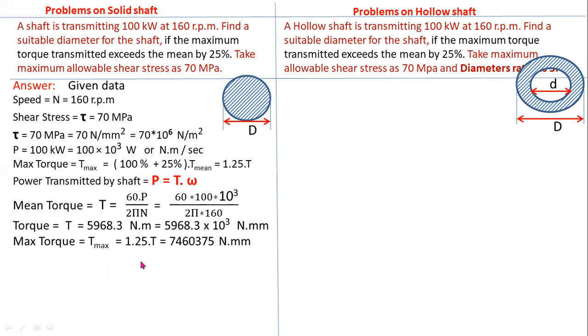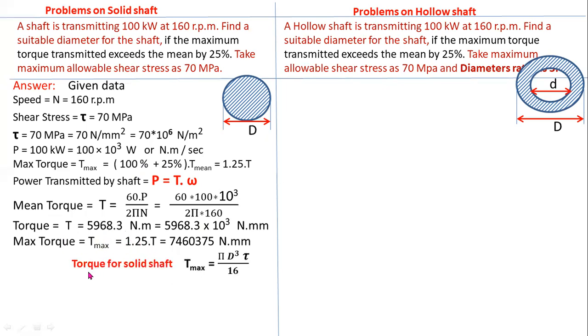So from this equation, T max equal to 7460375 Newton mm. After getting the maximum torque, you have to use the torque formula for solid shaft.